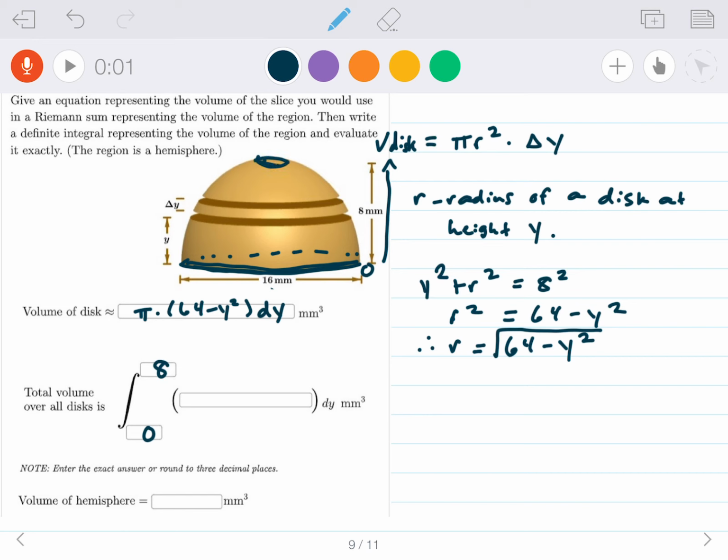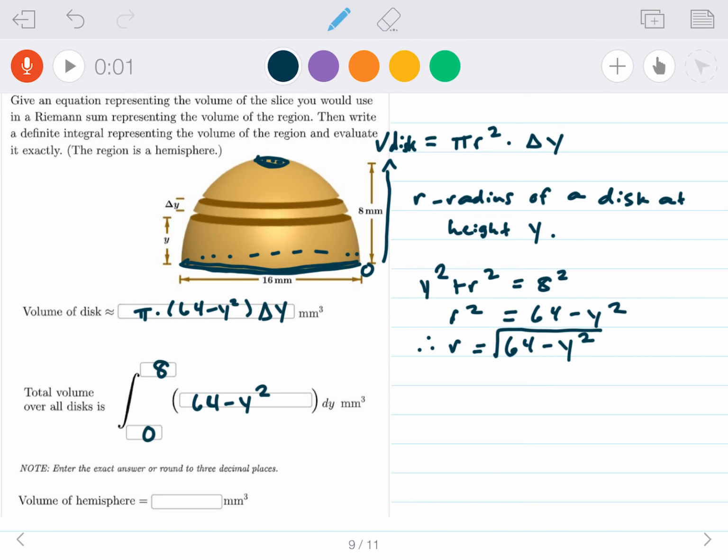So we're going from the height equals 0 to the height equals 8, and we're going to have 64 minus y squared times dy. Actually, I should have put delta y right here because we didn't put it in the integral yet. So let's do that. When I put it in the integral, I'm just going to use dy. Let's go ahead and evaluate this.